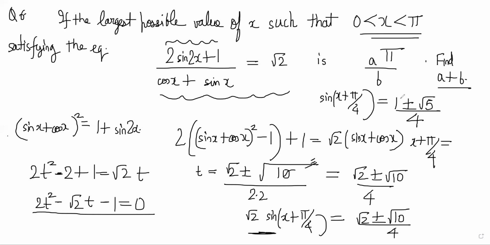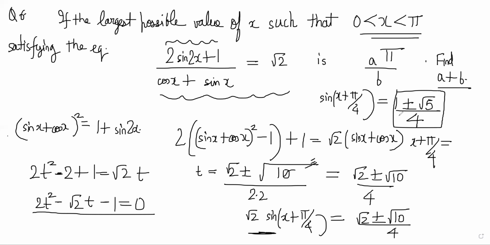That is a common angle, I think. Root 5 minus 1 by 4 is sine 18 degrees, a common value that you need to remember.